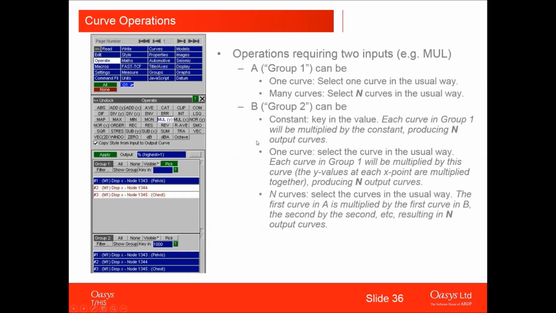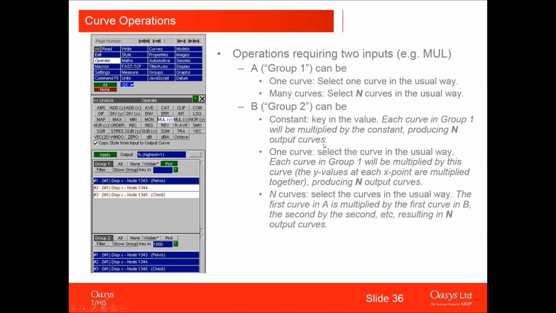Okay. The next group of operations is where you have two curves. In this case, for example, the first group could be one curve, or it could be many curves. So we've selected in this example multiplication in Y. So we could have one curve.